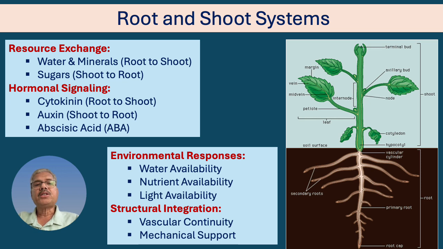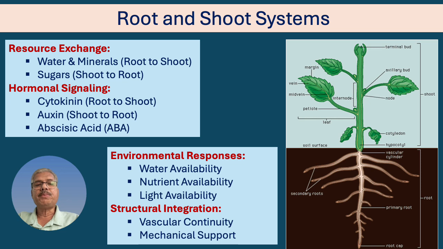If water is scarce, the root system may grow deeper to access water sources, while the shoot system may reduce the leaf area to minimize water loss. The hormonal signals play a crucial role in coordinating these responses. The root system adapts growth patterns to explore areas of the soil rich in nutrients.